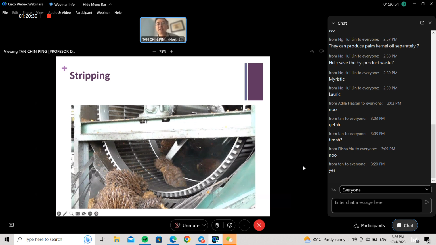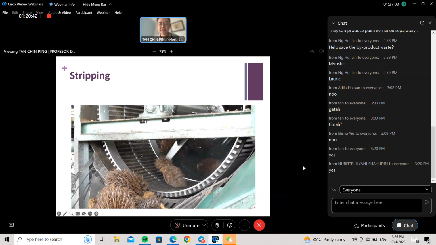So can you imagine the process now for stripping? You will have your fruitlets going into this while the bunches are on top. Then the bunch can be removed and people are all waiting, queuing up to buy your bunch.